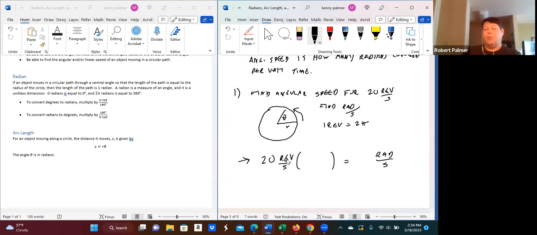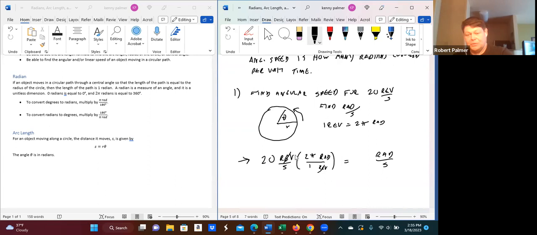So we want revolutions to cancel out. I know one revolution is equal to 2 pi. So is it 2 pi over 1 or 1 over 2 pi? Well, we want our answer to be in radians, that's 2 pi radians. We want revolutions to cancel out, so we want radians up here, revolutions down there. And so that's going to be 2 pi radians over 1 revolution. That's one way to keep track of which way it needs to go. Revolutions cancel out.